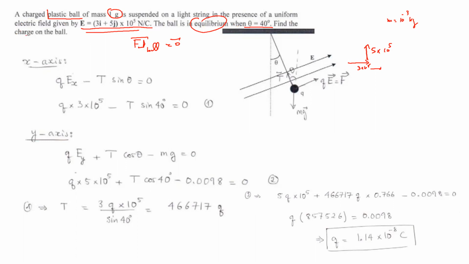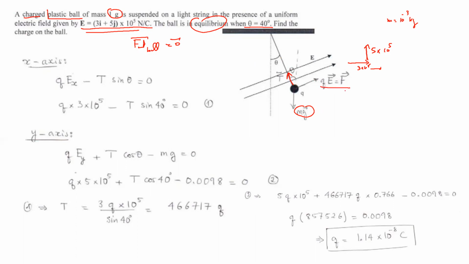So first, let's have the inventory of forces. Of course, I will have gravitational force downward. That's number one. I will have tension force, and tension force will be along the string. And then I will have electrostatic force, because the ball is charged, and that charge is in an electric field. Electrostatic force F is just QE.